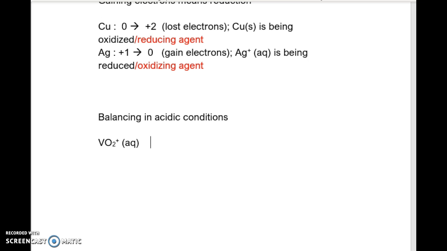we have this vanadium compound mixing with the zinc solid.